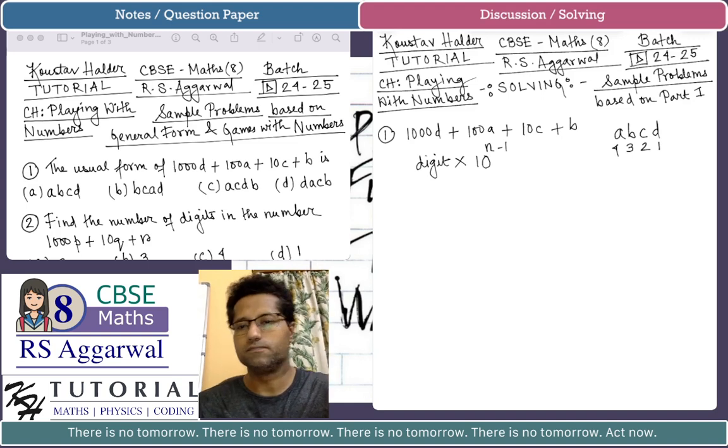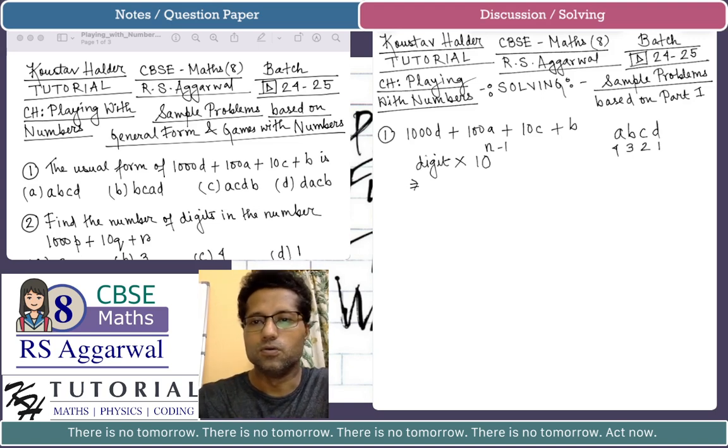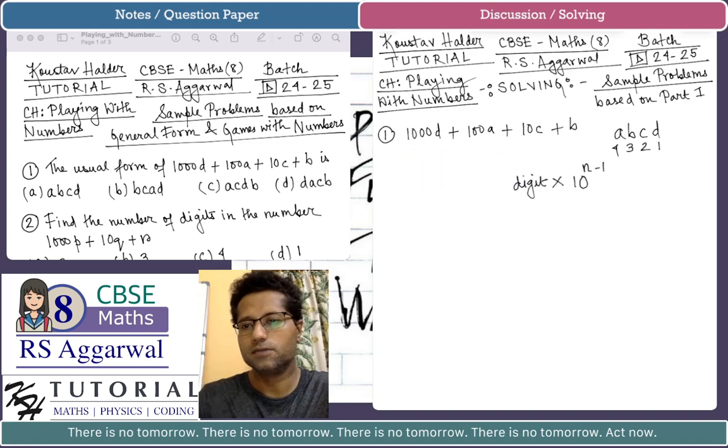So if you see a term of the form digit times 10 to the power n minus 1, where n is a natural number, this will imply that the digit is at the nth position from the right hand side in the number. Okay, so now we can identify the digits.